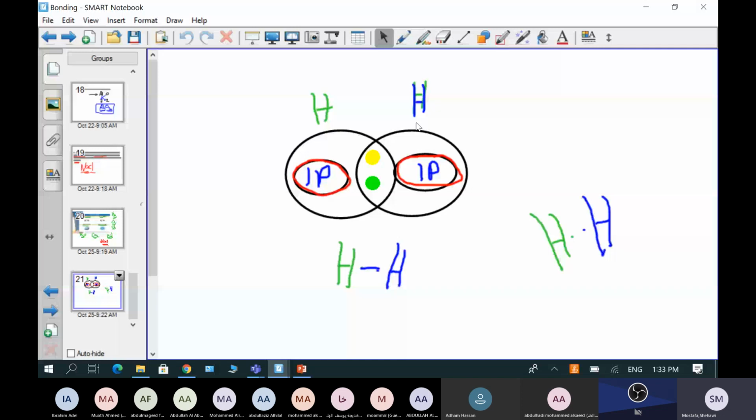It's represented by a dash. Single covalent bond between hydrogen and another hydrogen atom.